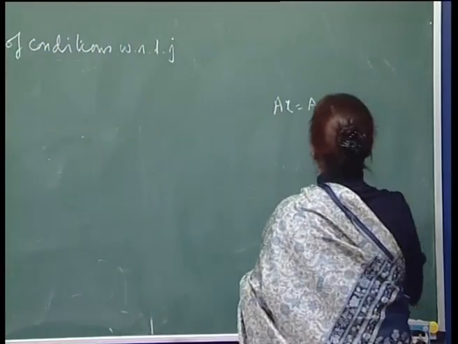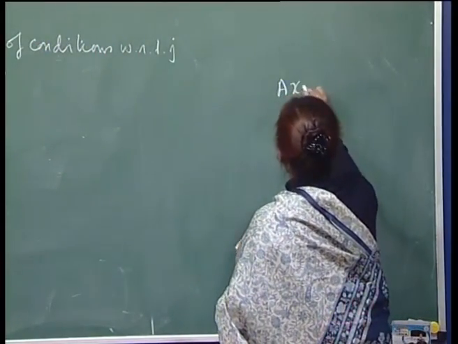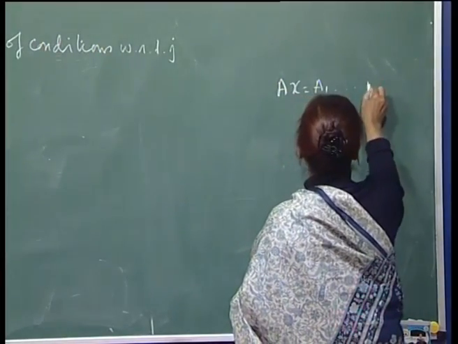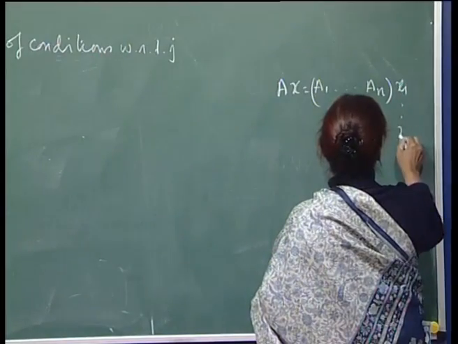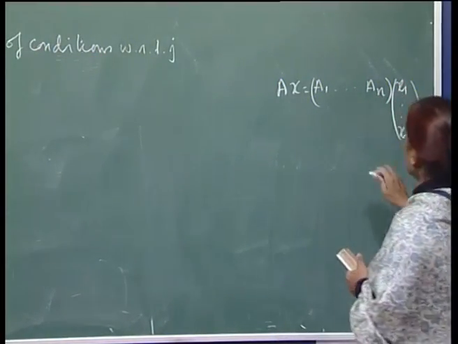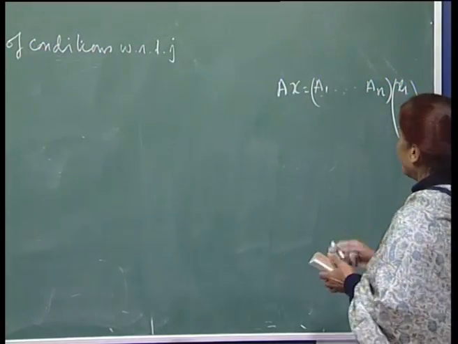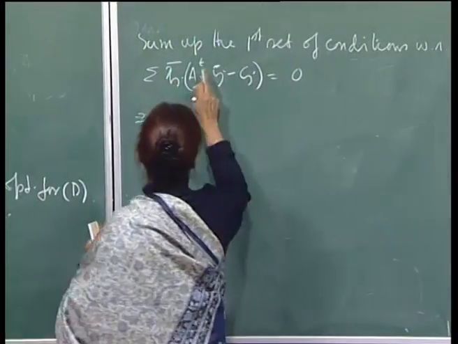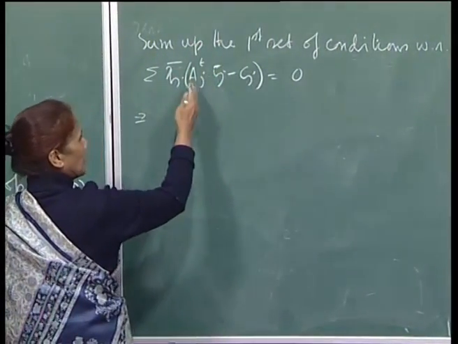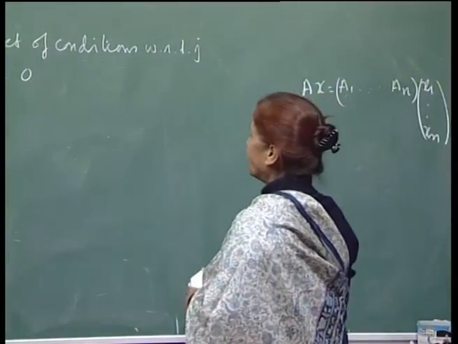This is my matrix, A x is A1 to An, and then you have x1 to xn, right? This is how you write it. So, you write A1 x1 plus A2 x2 and so on. This is how you can rewrite this. So, same thing I am saying: whether I write x j bar a j transpose, it will be the same thing, because it is a single number.